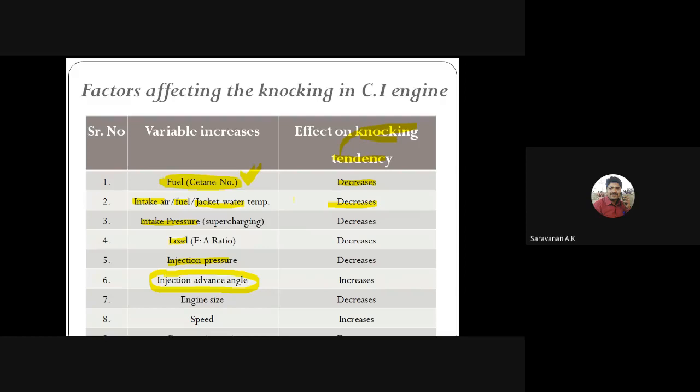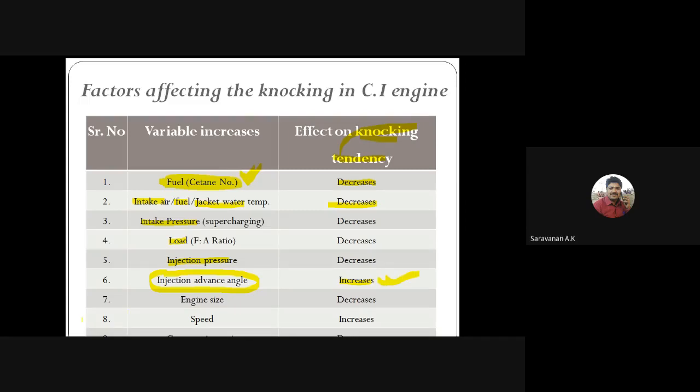if the injection takes place at an advanced angle, the engine knock tendency will increase. Why? Because if there is an injection advance angle, the ignition delay period gets longer, and that increases the engine knock tendency.